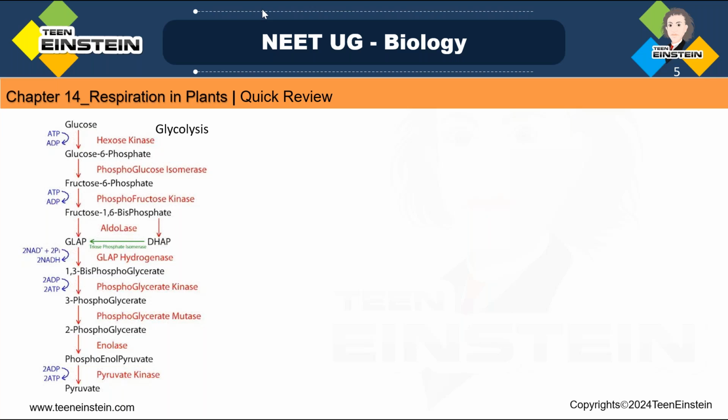That's all. For all the exam questions of this chapter, I have discussed with you under these topics: glycolysis, Krebs cycle and electron transport chain, then the respiratory quotient and respiratory balance sheet, then fermentation. Under all these, we have discussed almost the previous 10 years of question papers. From the question papers, we have taken all the questions and discussed.